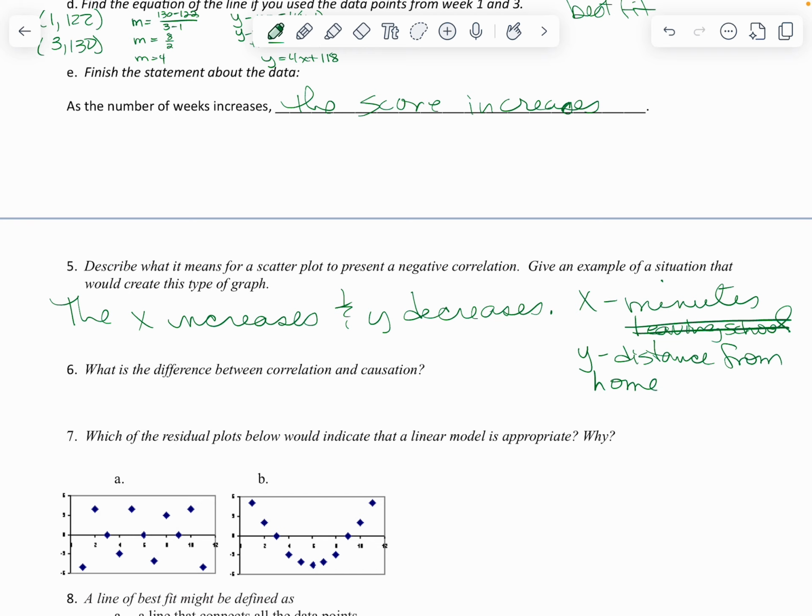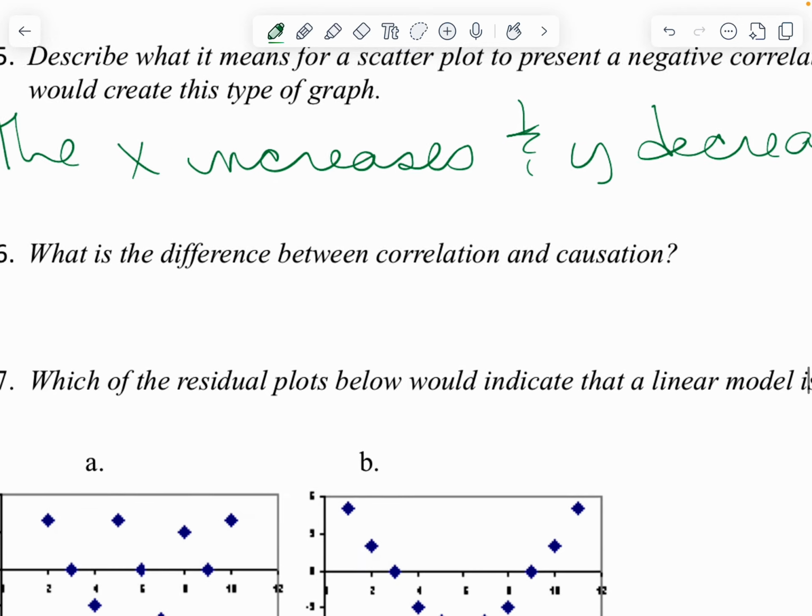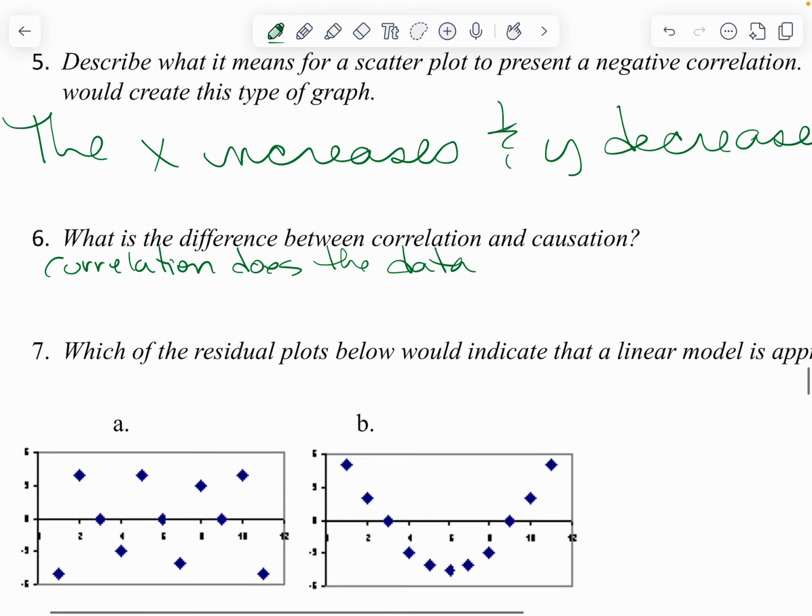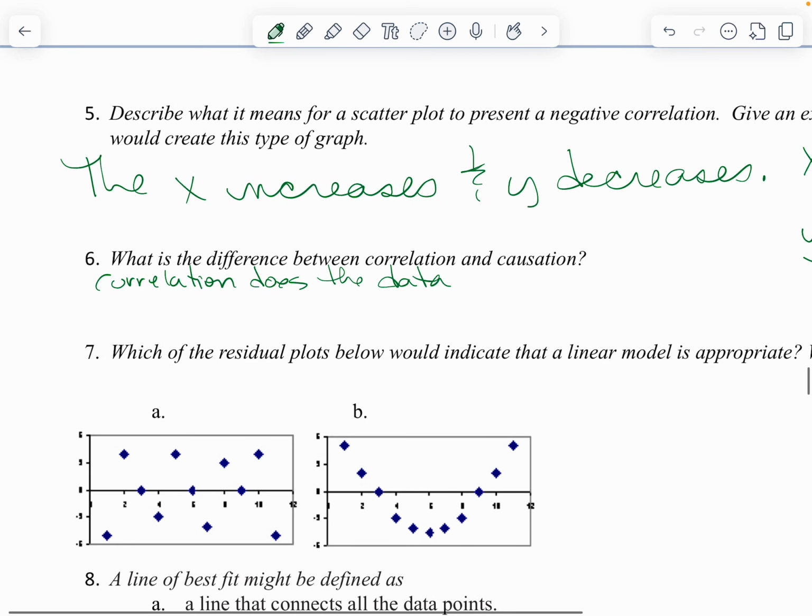What is the difference between correlation and causation? Correlation: does the data all go in one direction?